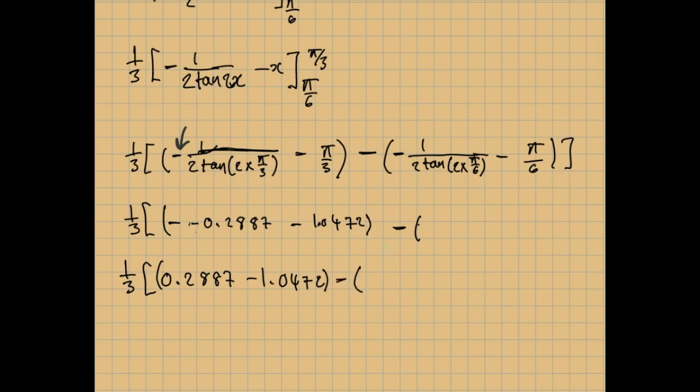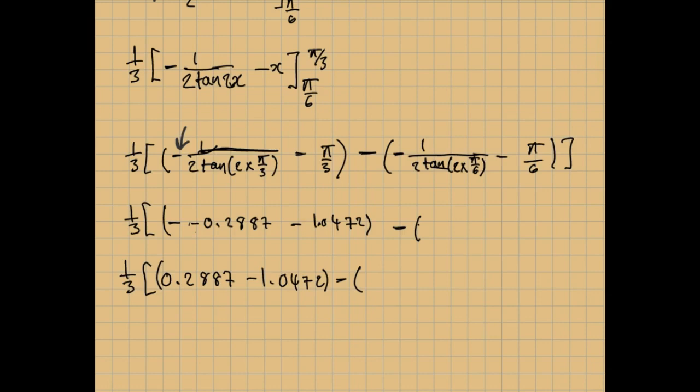And this is less. I have, again, the negative of that, which becomes negative of, this is now 2 by pi over 6, which is pi over 3. So it's negative of 1 over 2 tan pi over 3. So it's 2 tan of pi over 3.